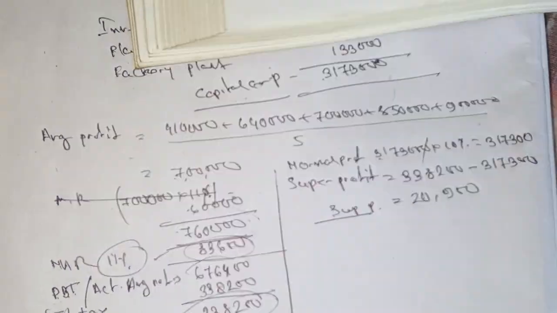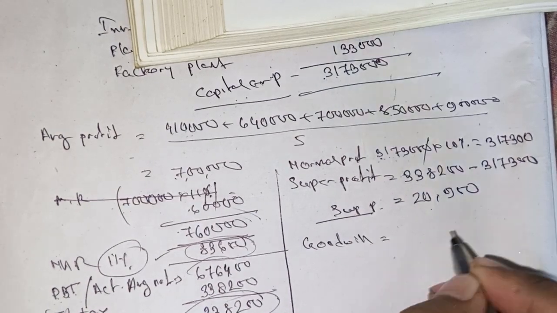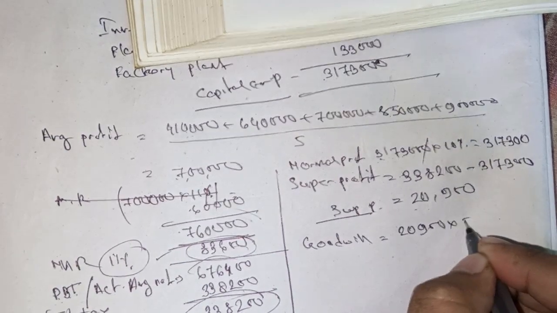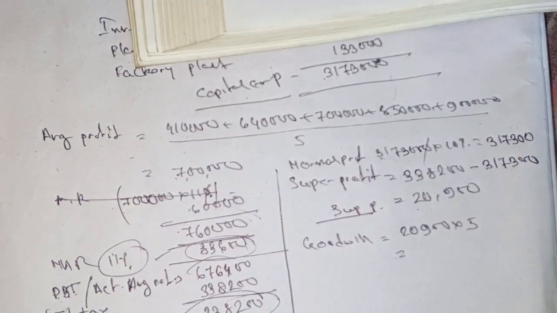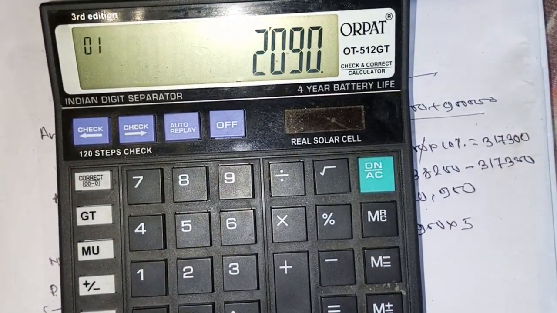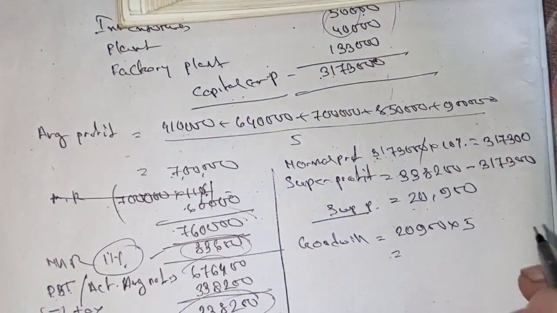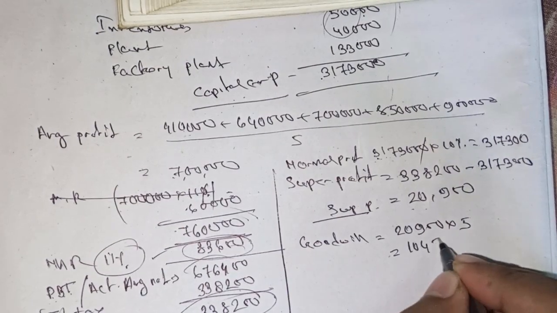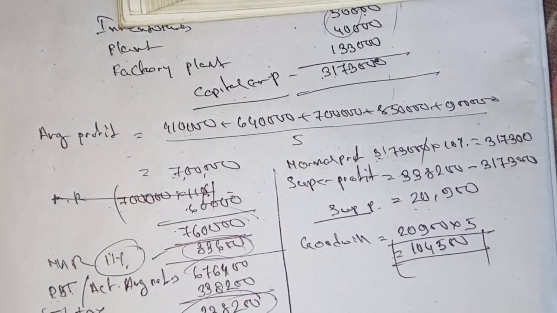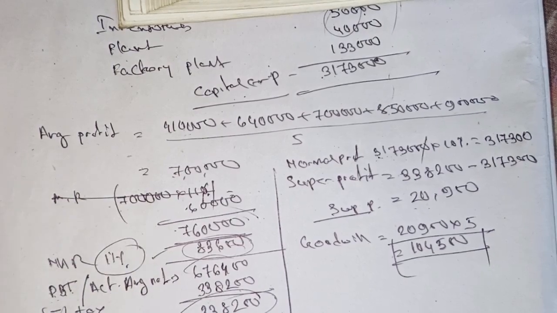So goodwill equals super profit, 20,900 multiplied by 5, which becomes 1,04,500. This is our valuation of goodwill. Understood? If you do not understand, you can knock me. Okay.